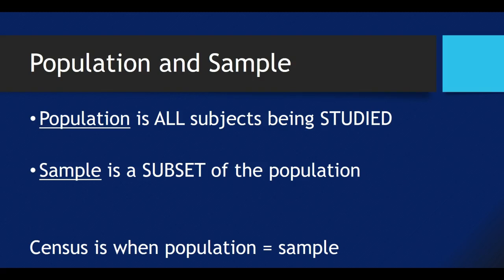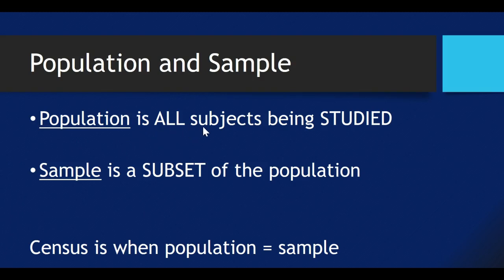So we talked about variables, we talked about data. The next thing we need to talk about is what we're actually looking at. What are the either people or objects that we're actually interested in studying? And the group that we're studying is called the population. Now, I want you to be very clear on this definition.